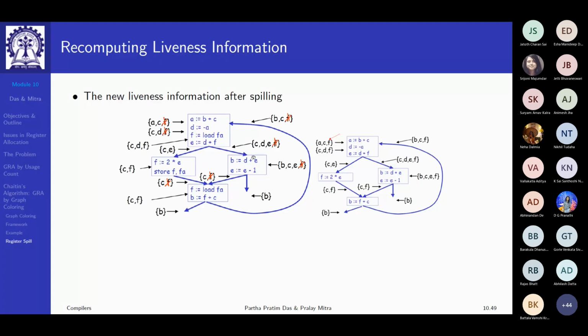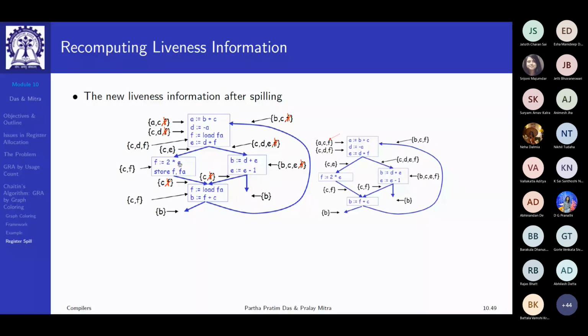But it is not live on exit, because if you trace back from this last block, it does not need to be live because it is being defined, which means on exit of the right block it does not need to be live. Which means in the previous statement it does not need to be live, which means on entry to this block it does not need to be live.